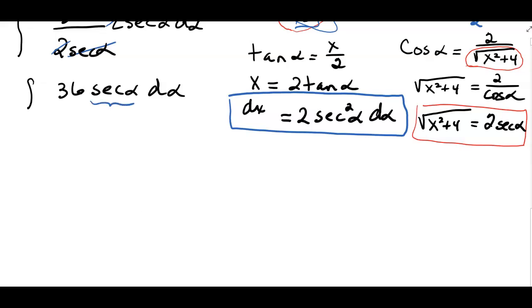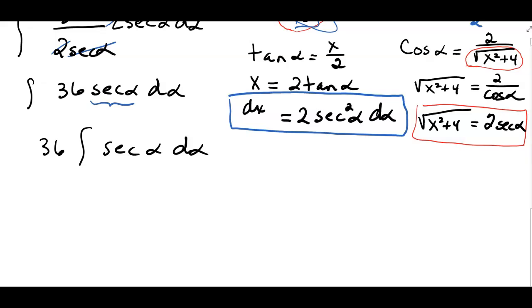We actually calculated the integral of secant alpha, because remember, 36 can just come out front of d alpha. Well, I think I used secant theta in the last video. It doesn't matter, secant theta, secant alpha. This was a tricky one, but there's a reason I did it there.